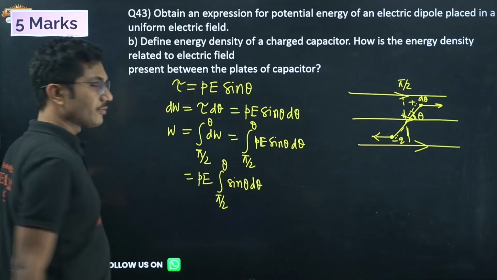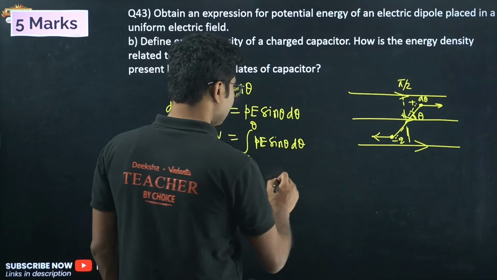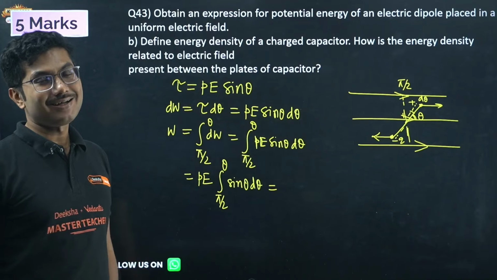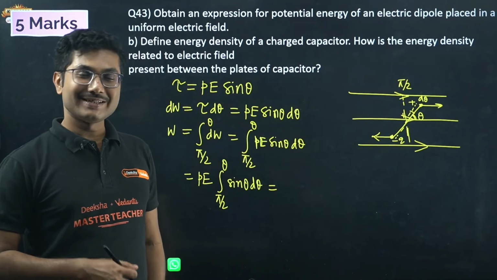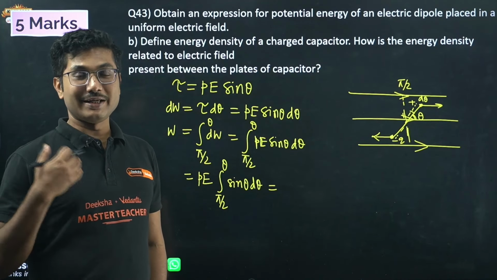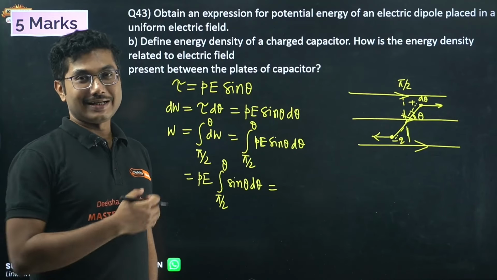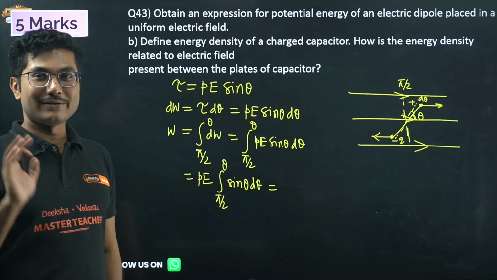Now what is the integration of sin theta? Integration of sin theta is minus cos theta. Cos theta's differentiation is minus sin theta. So now cos is taking revenge. Cos is saying that when differentiating me, you made me negative, so while integrating sin, I will come as a negative.